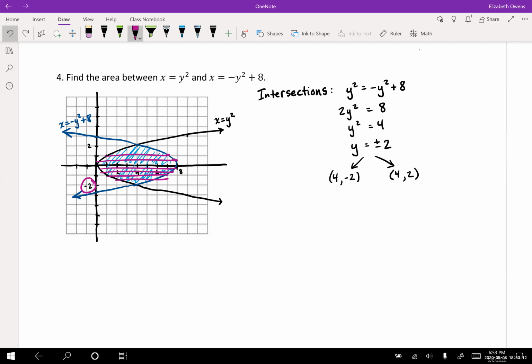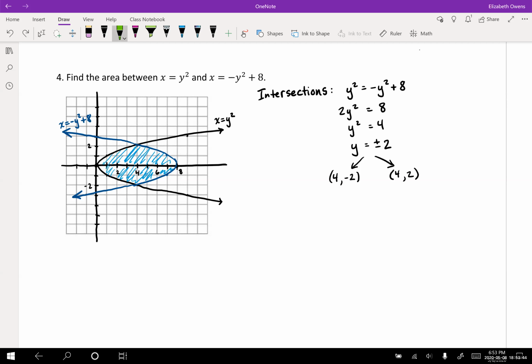That's where you stack those up. And then also, we're only going to need one integral if we do it that way, because there's a very clear right function versus left function. That's really what makes the difference: right versus left is nice and clear for that whole area, and top versus bottom was a little less clear, and you would have had to split it into two integrals.